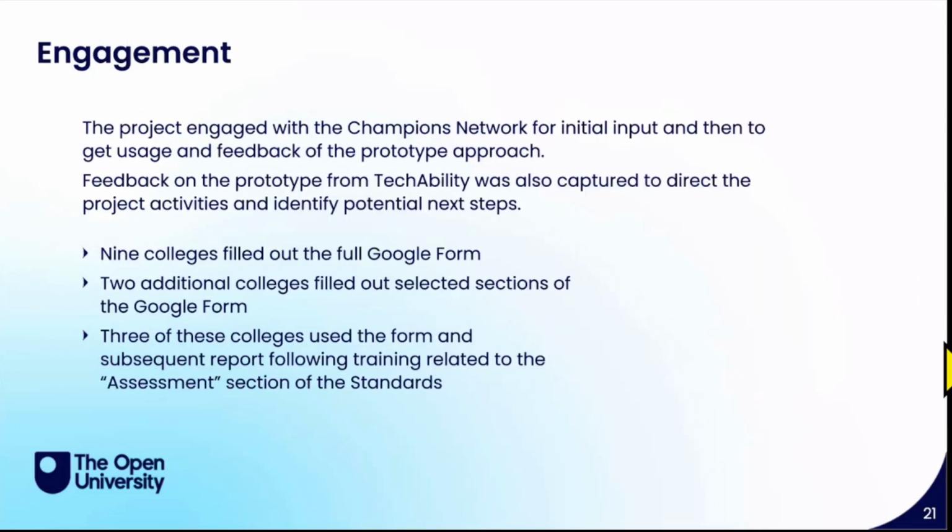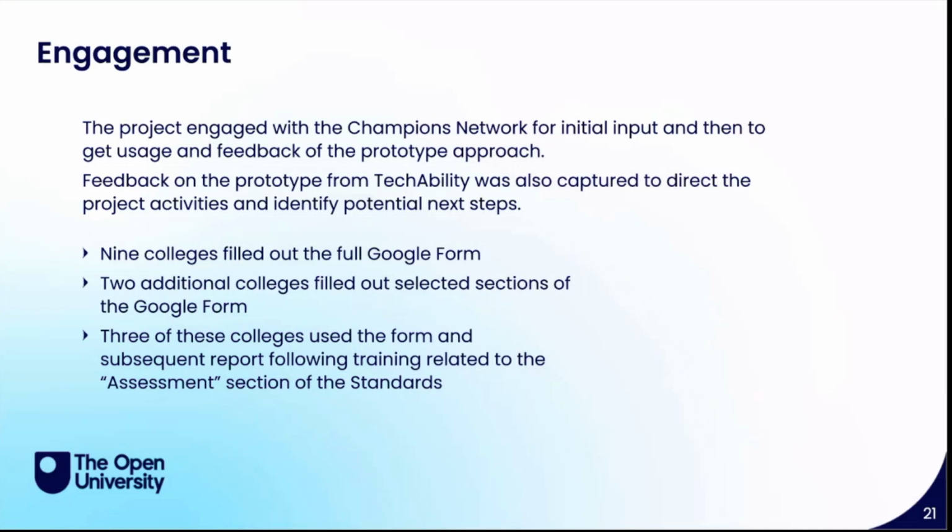Going back to that engagement with the champions, we engaged with them for initial input to get usage and feedback on the prototype approach. Nine colleges filled out the full Google form, two additional colleges filled out selected sections, and for three of these colleges it was part of a training we were delivering around assessment, the different stages at college, and how you support students.